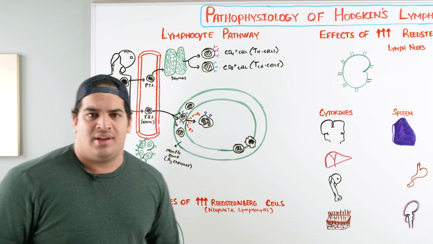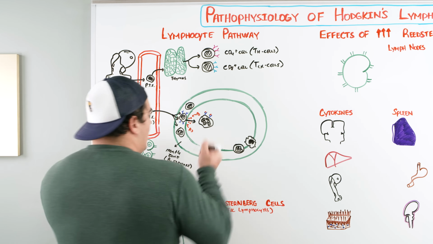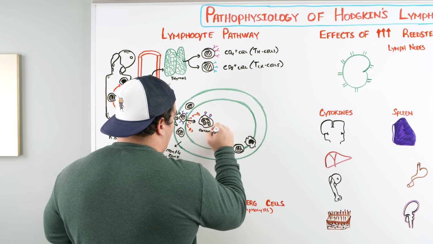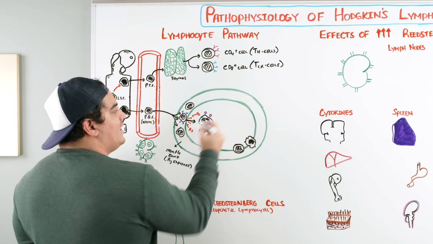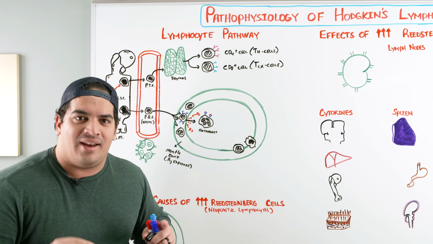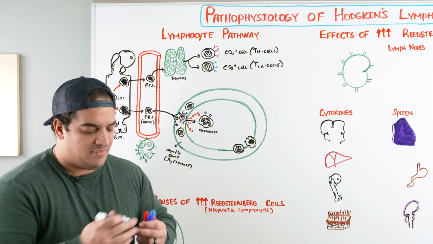What happens is, this is called a centroblast. Now the centroblast is supposed to take this antigen that it bound to and have a very strong affinity for antigens very similar to this.